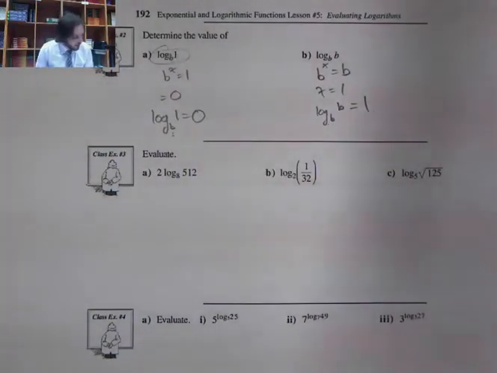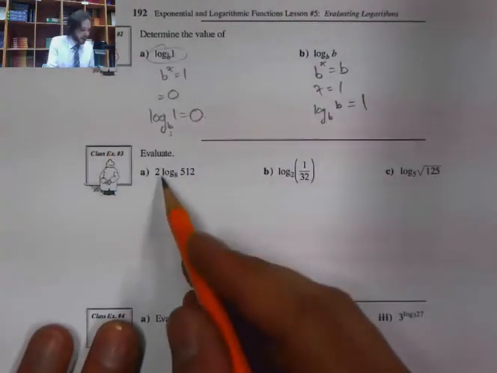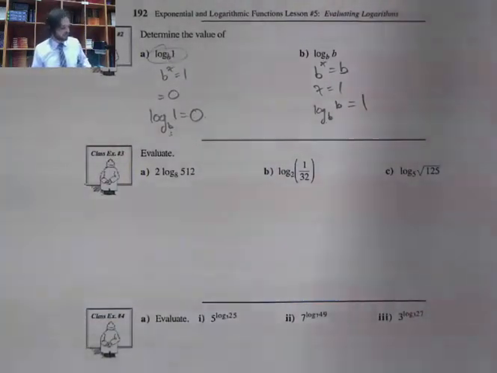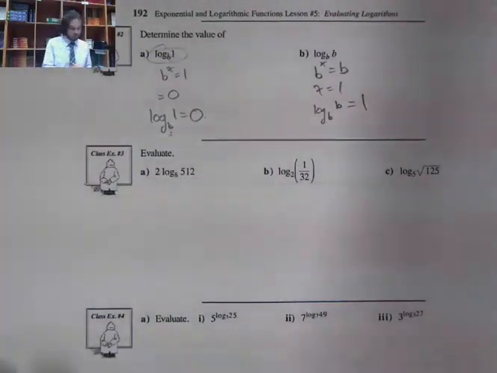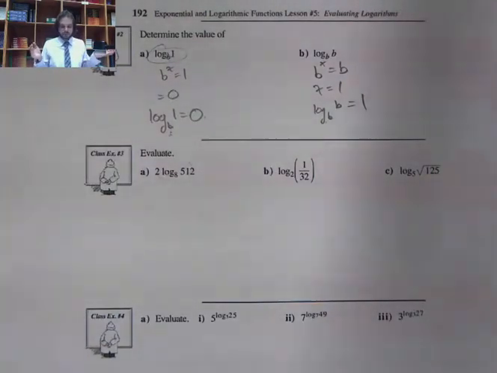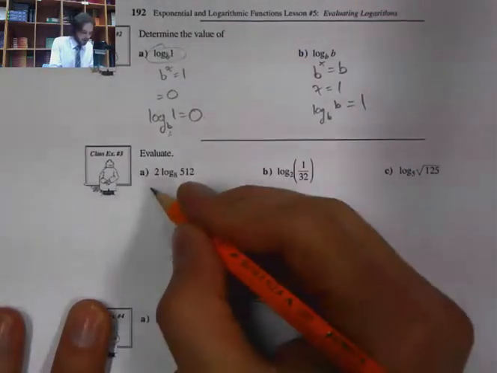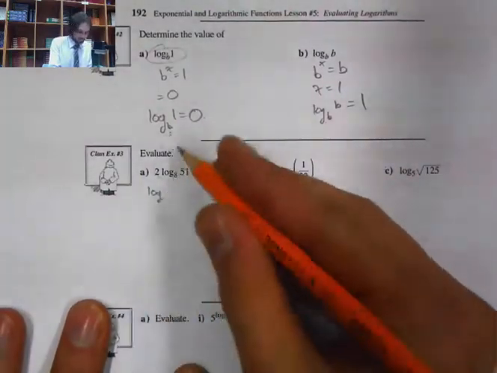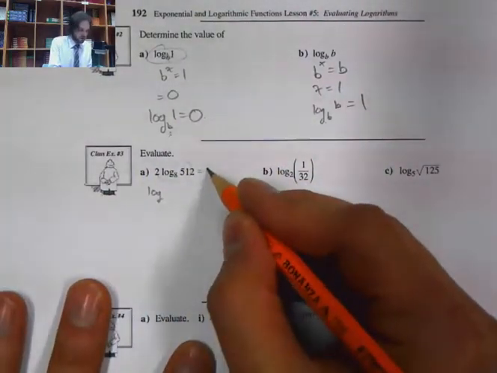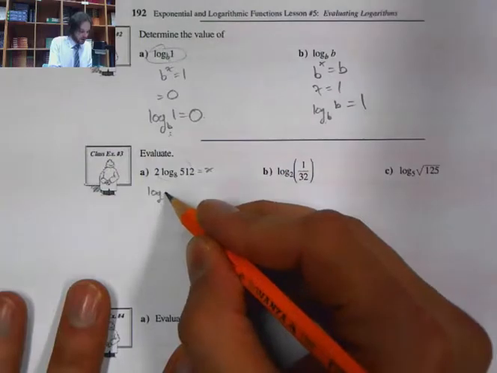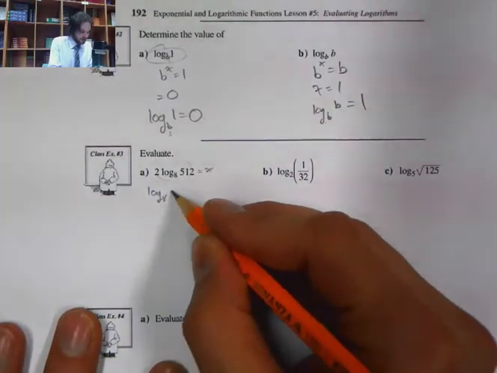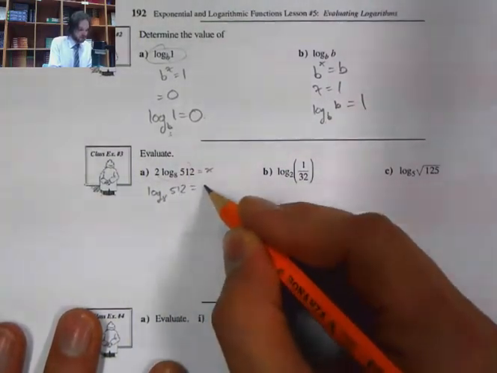All right, here we go. Let's evaluate now this one here. So, first of all, what must we do? I have to put this in base 8 and find my exponent. Okay, so I'm going to make it equal to something. I want to have an x there. Log base 8 of 512 is equal to x.